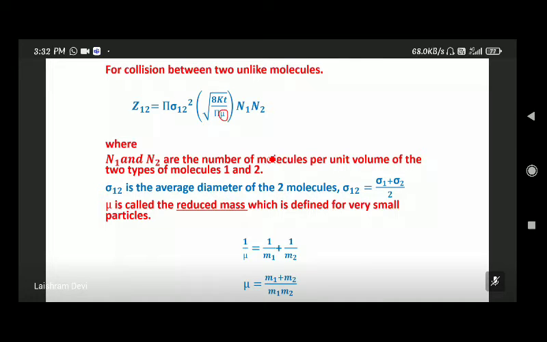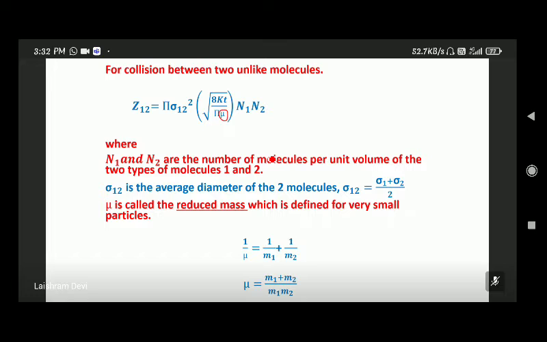And where this term is used is, reduced mass is used where we consider very small particles just like electrons, protons, यहाँ पर molecules, gas molecules की बात कर रहे हैं, so therefore we also assume them to be quite small. So instead of taking the direct average of m1 and m2, we prefer to take the reduced mass.